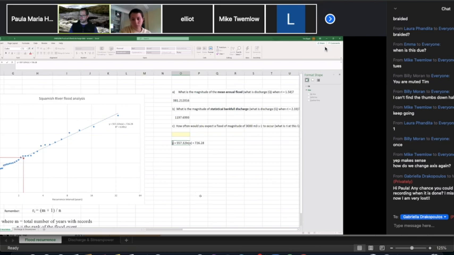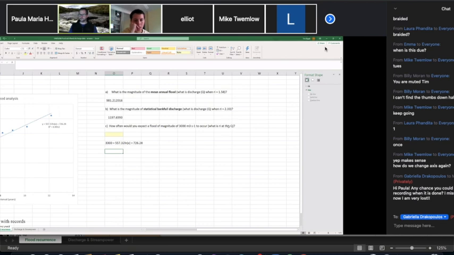What we're substituting for Y is 3,000. Okay, we're saying how often would a flood of magnitude 3,000 QMEX occur? So what is the recurrence interval at discharge of 3,000?